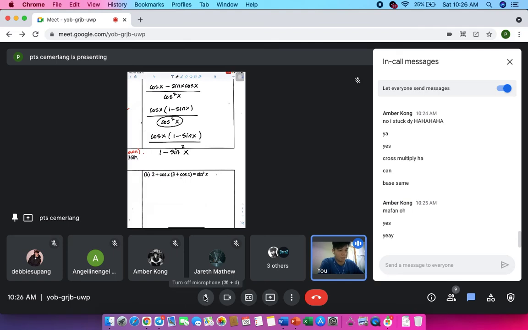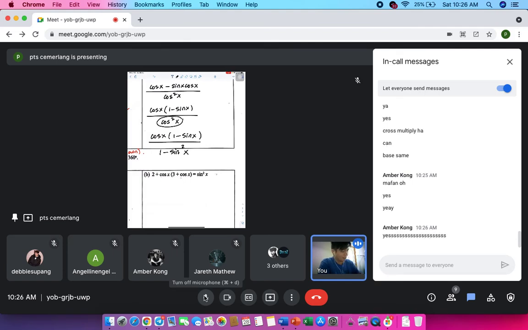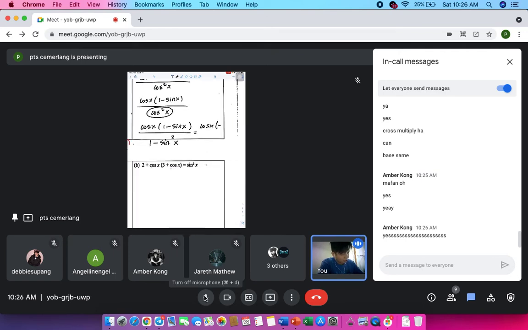Cos square becomes 1 minus sine square. Yes. And then, this one I can do something like this. Cos x, I have 1 minus sine x. And then bawah ni jadi 1 minus sine x, 1 plus sine x. Correct?